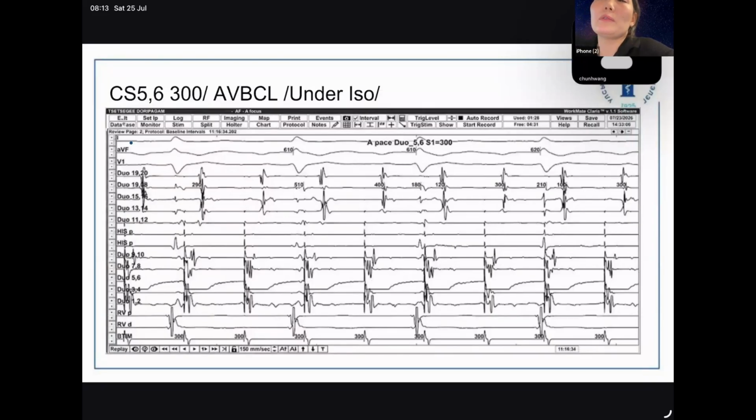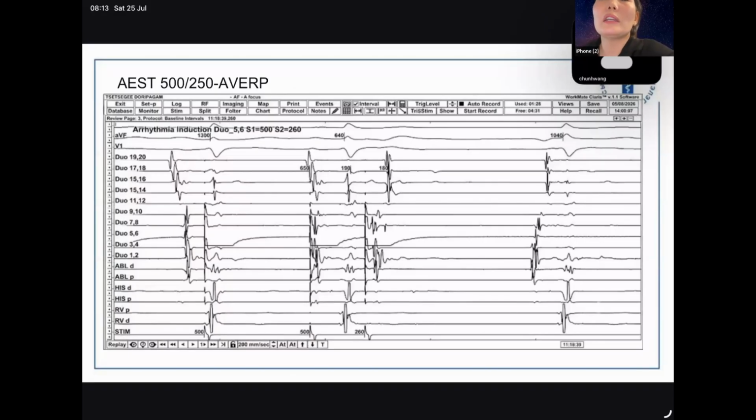After ablation, we used isoprenaline and tried to induce tachycardia. During the pacing, coronary sinus 5-6, 300, AV block cycling occurred. EST 500 to 150, AV nodal effective refractory period occurred.